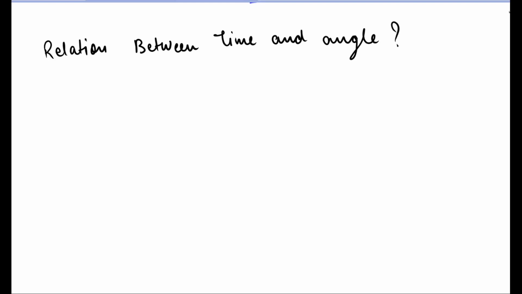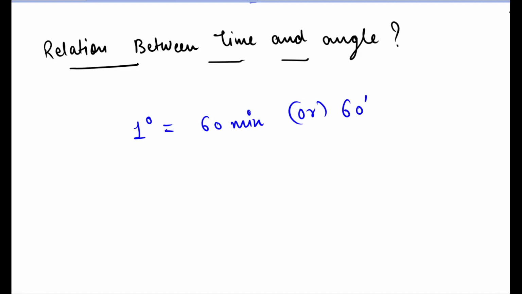Next we have the relation between time and angle. So what is the relation between time and angle? 1 degree is equal to 60 minutes, or in symbolic terms we can write 60 dash.